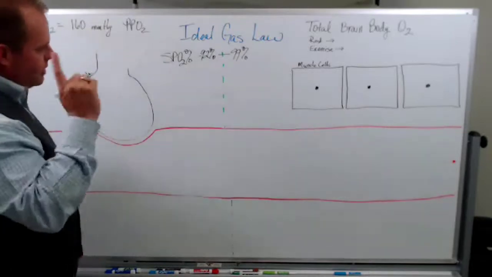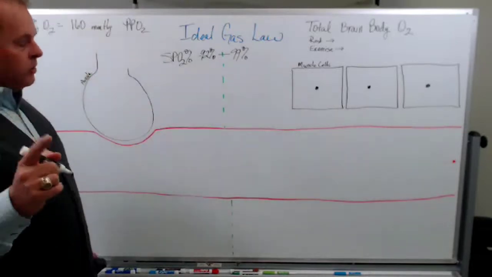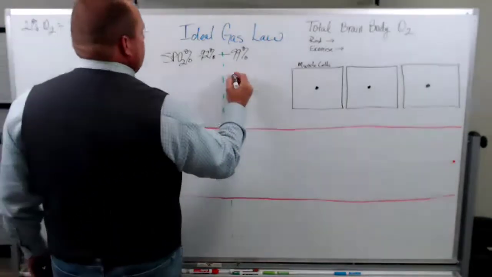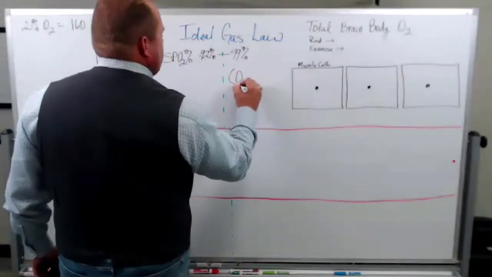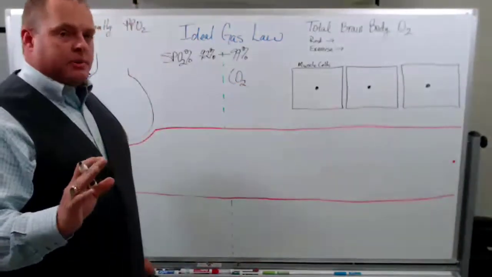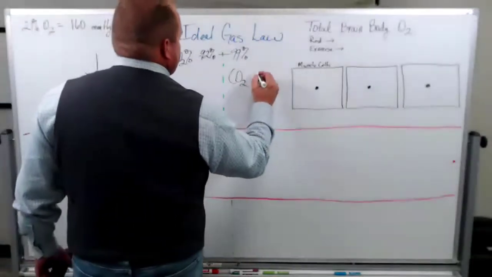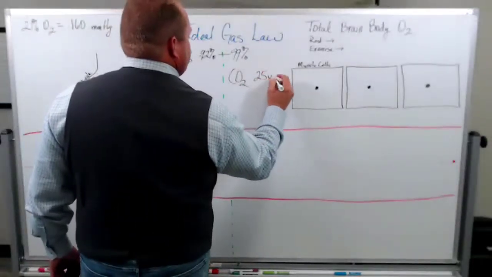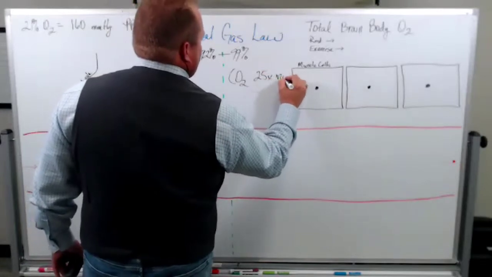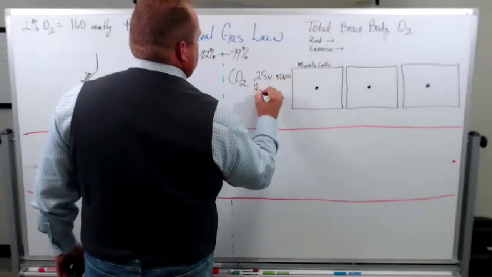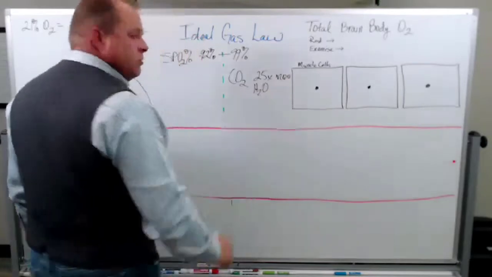Okay. Now what that means is that at sea level, because here's another factor, and I know I'm kind of bouncing around, but hold with me. When we talk about CO2, and we're not going to be talking about CO2 too much, because then we start talking about 20 different sets of numbers, but we'll get there. CO2 is 25 times more water soluble than O2.